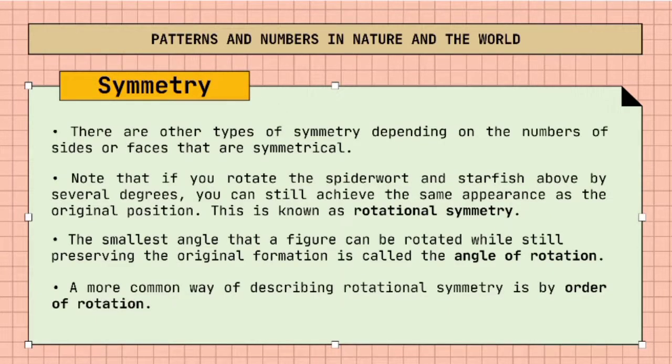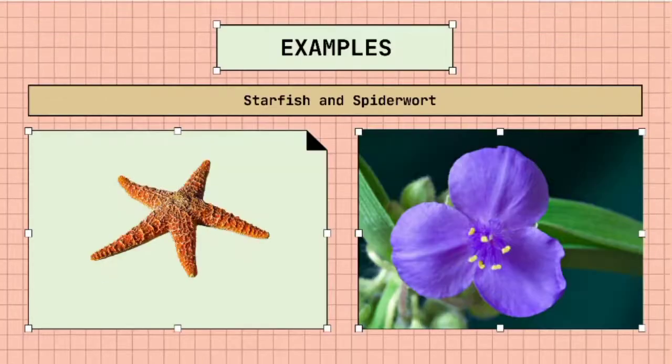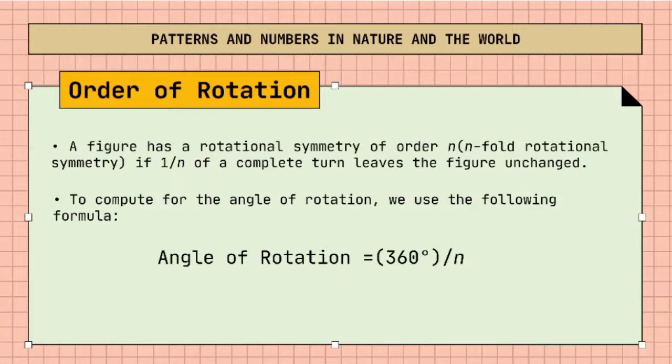A more common way of describing rotational symmetry is by order of rotation. To compute this, we use the following formula: angle of rotation is equal to 360 degrees over n.